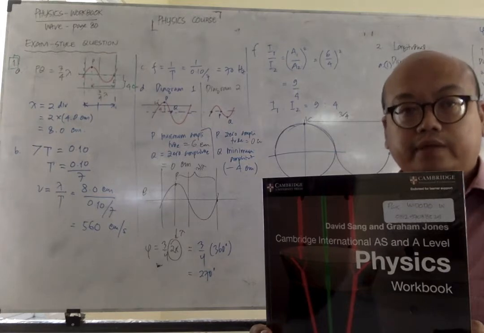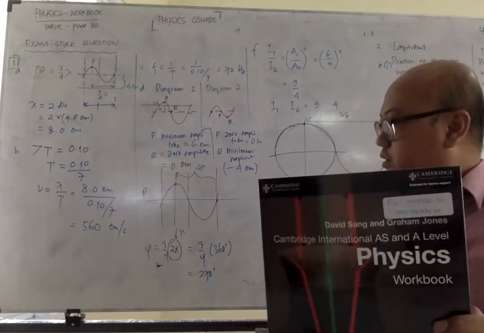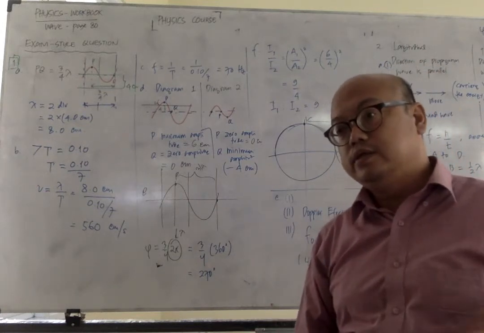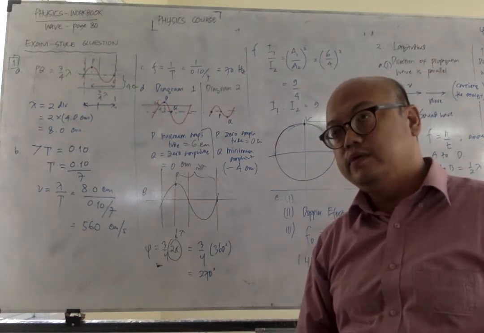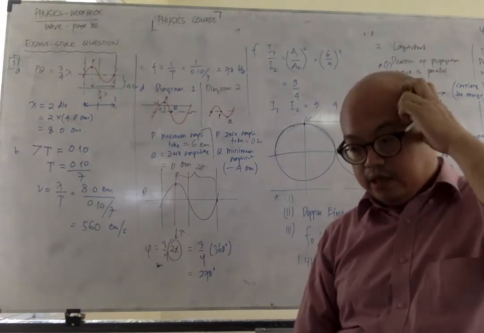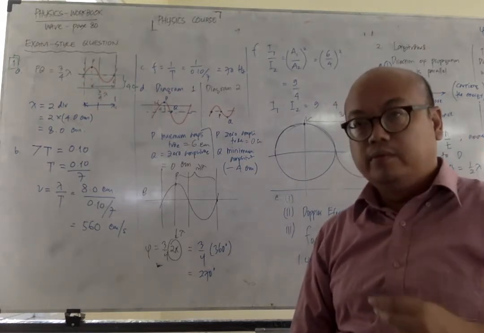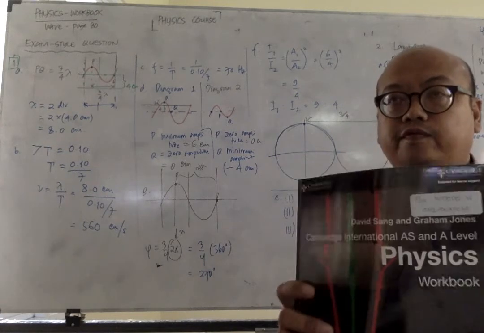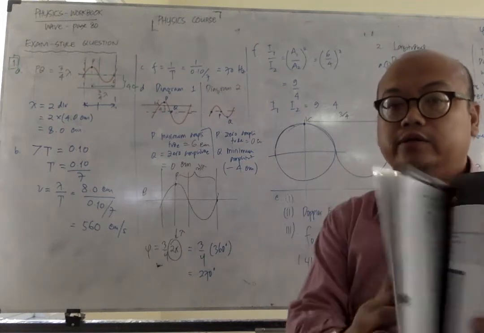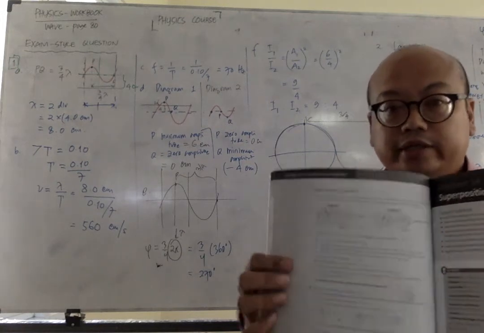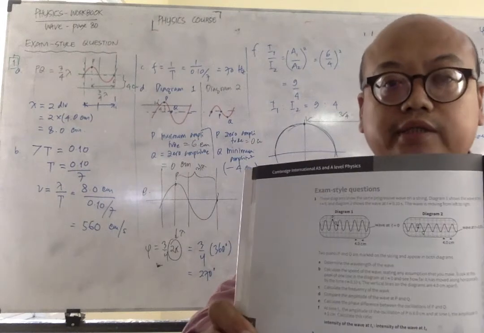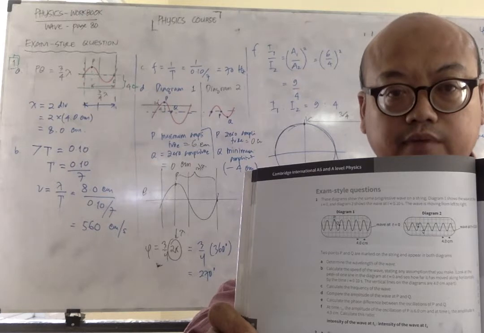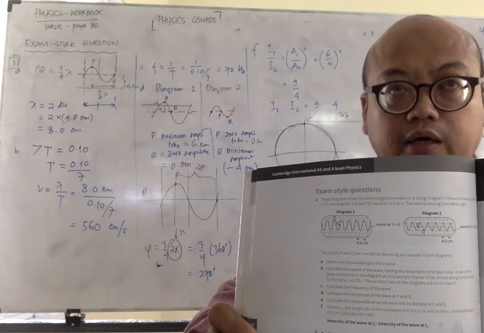Actually, we will discuss page 80. This is what I discussed with students before we had the physics class. For the workbook, on page 80, if you have this book, you can see it.